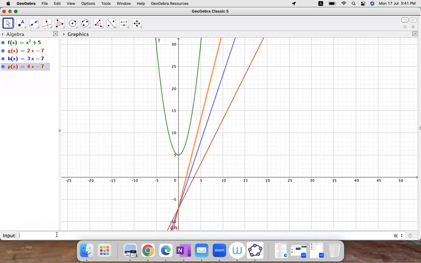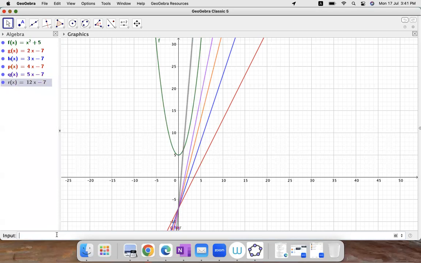So let's say 5x minus 7, I'm increasing it. 12x minus 7. So look at this, 12x minus 7 intersects it at two different points. When we use b square minus 4ac, we will get one exact value. Is it clear?